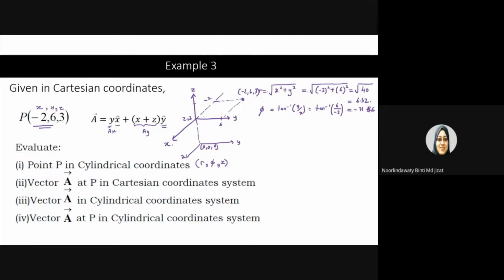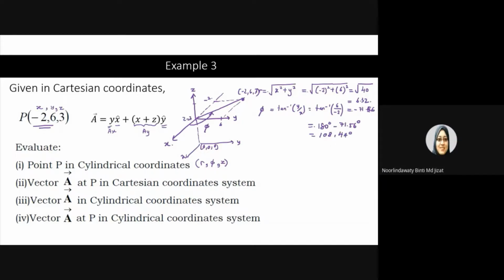So in this case, your phi is changing from here. But now you gave me the answer of negative 71.56. We don't want it to be like that. So can you put it into 180 minus this value? What do you get? 108.44.